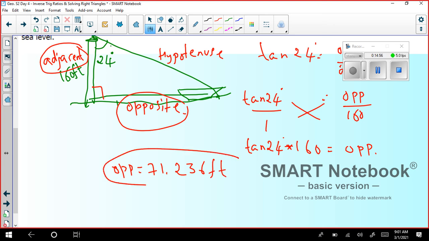So the distance from the lighthouse to the boat is 71.236 feet.